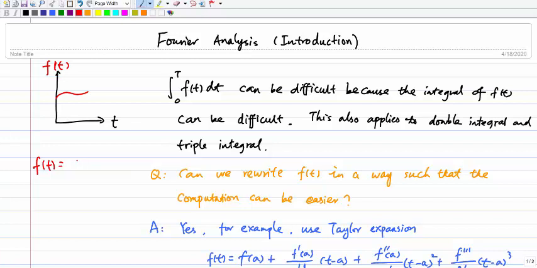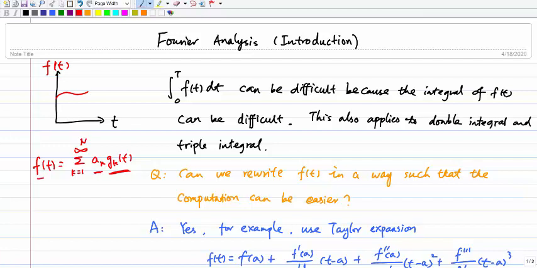I can write this as a summation over k from 1 to infinity, which could be infinity or finite, of a_k times g_k(t). The g_k(t) should be fairly simple, and you know how to compute that, and a_k are just the coefficients.